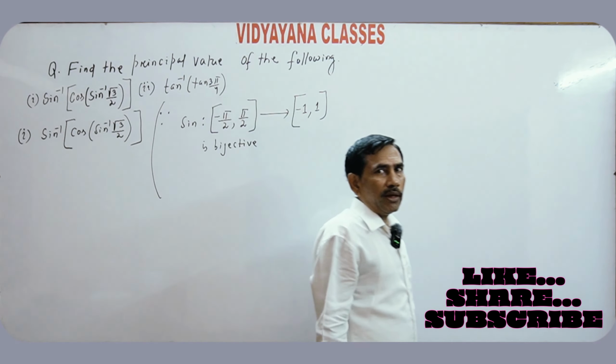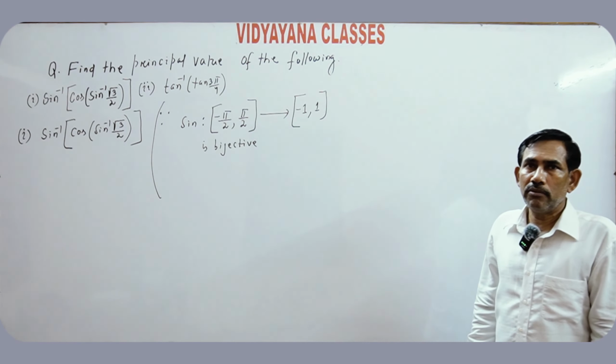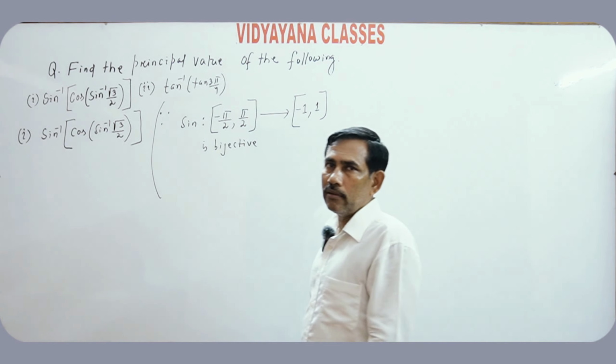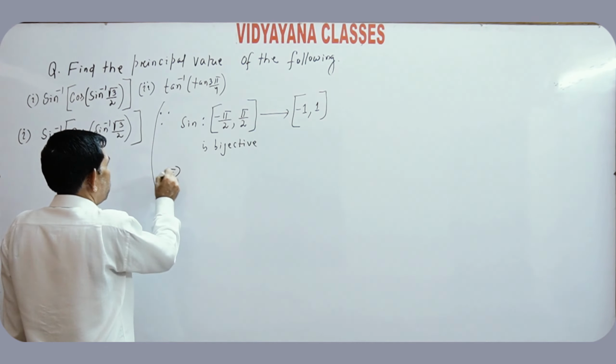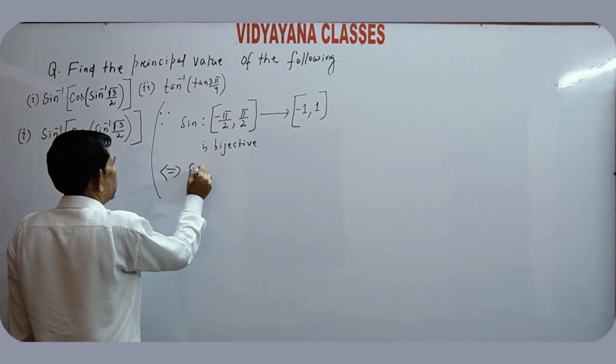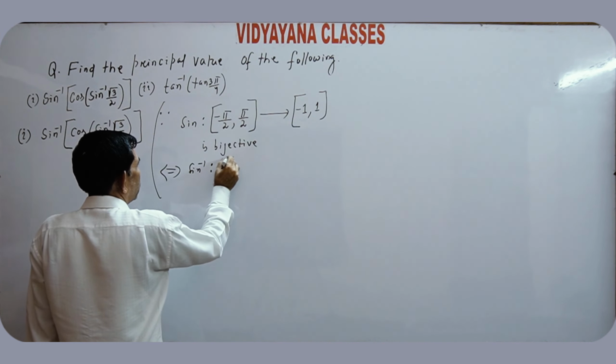Bijective means one-one and onto. That means the function is invertible. Every bijective function has an inverse. This implies that sin inverse exists and sin inverse is defined.